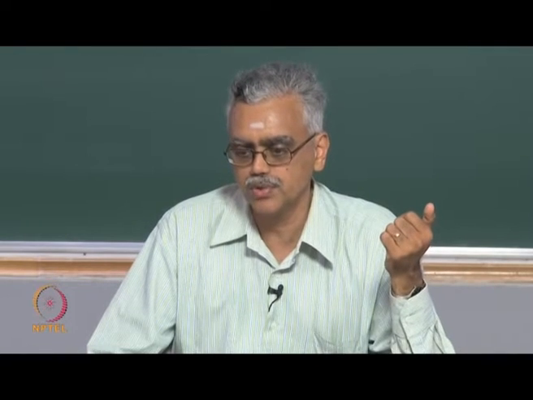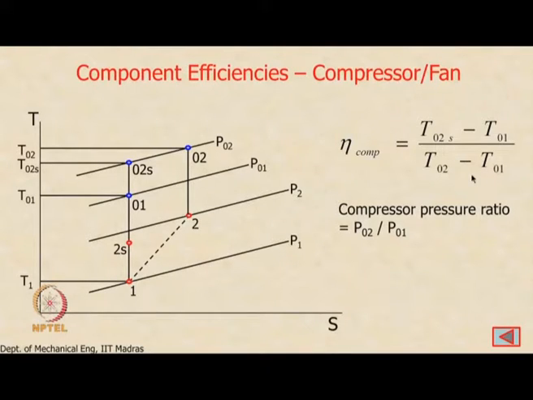So, the efficiency of the compressor can be defined like this: T02s minus T01 divided by T02 minus T01. Notice that I have kept the pressure ratio the same, P02s is equal to P02, so that the pressure ratio for this isentropic process is the same as the pressure ratio for this irreversible process.